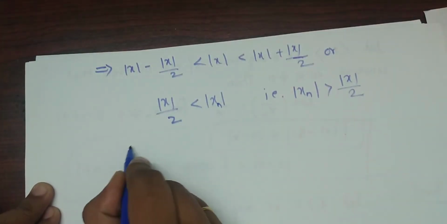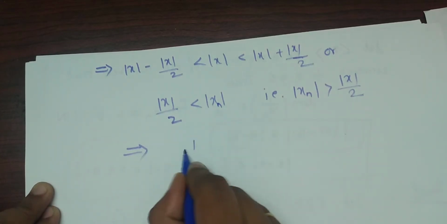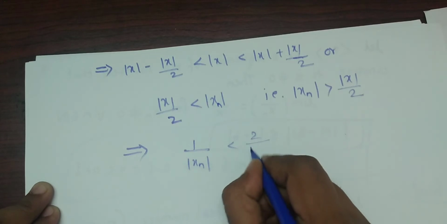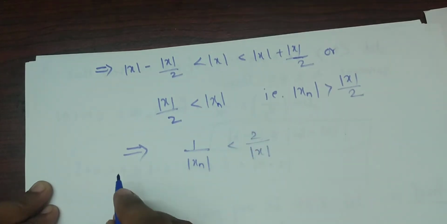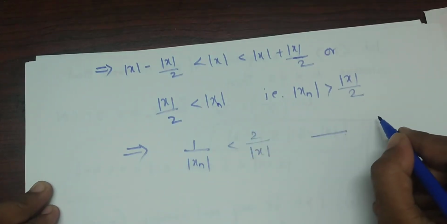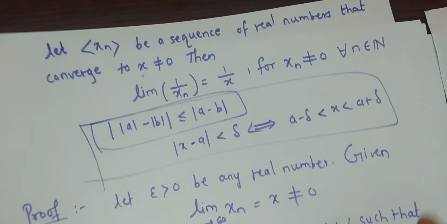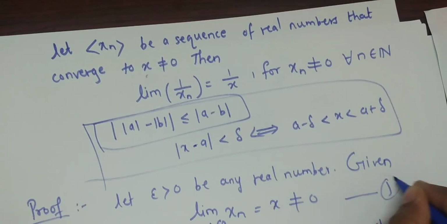So this implies 1 upon mod xn is less than 2 by mod x. Call this equation 2, and this is our equation number 1.